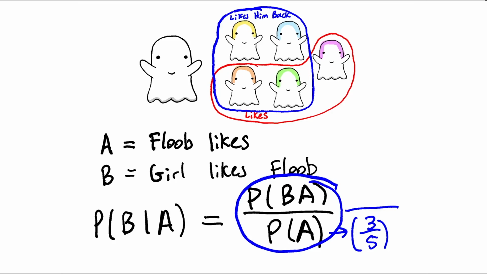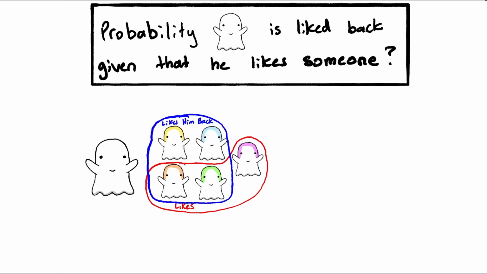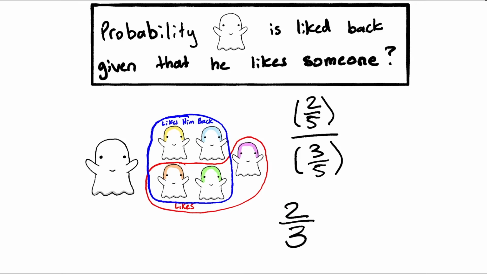Now what's the probability of B and A? The probability that when Floob likes a girl, the girl likes him back. Well, that would just be these 2 girls right here. That's 2 out of the 5. So that's 2/5. So from there, we know the answer to our question is 2/5 divided by 3/5, which is the same as 2/3.